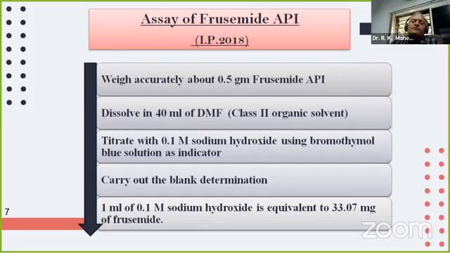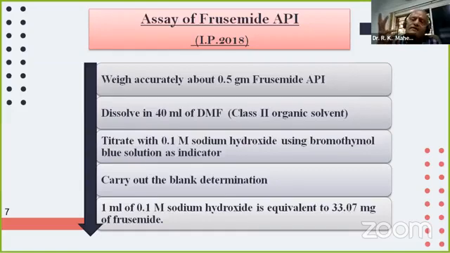Furosemide API, bulk drug. How is it estimated by the Indian Pharmacopoeia or British Pharmacopoeia method? The methods are the same. Weigh accurately about 0.5 gram furosemide API and dissolve in 40 ml of DMF, dimethylformamide, which is a class 2 organic solvent.